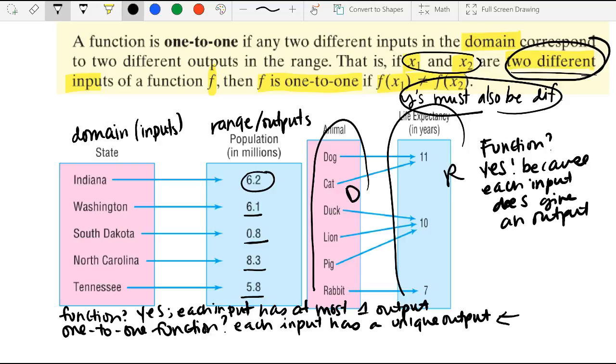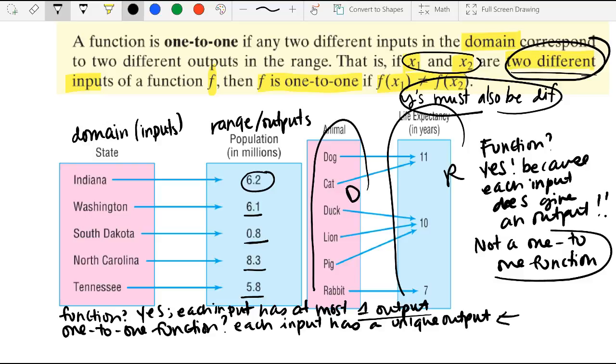That's what a function is. Each input has at most, that means I don't have to have an output at all, but it has at most one output, okay? Now, it doesn't have to be unique, okay? But it's not a one-to-one function, because the outputs are not unique, okay?